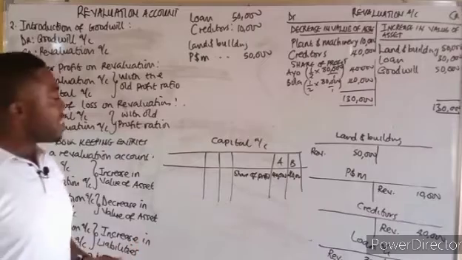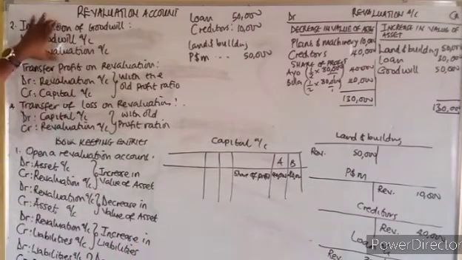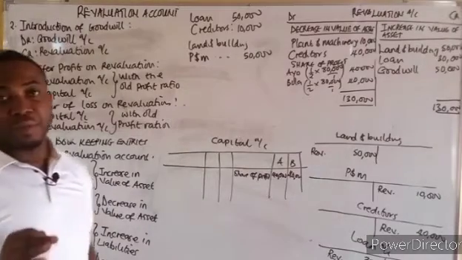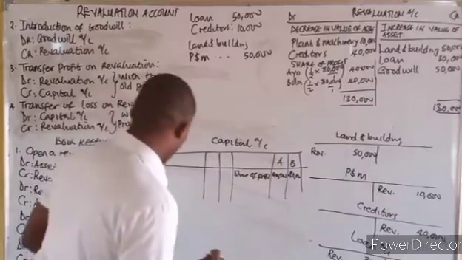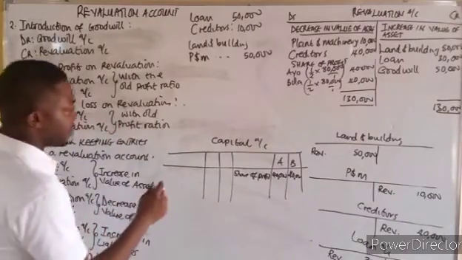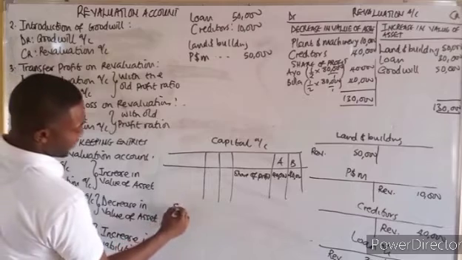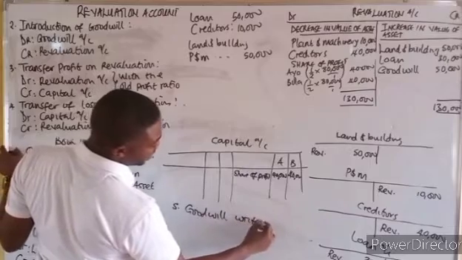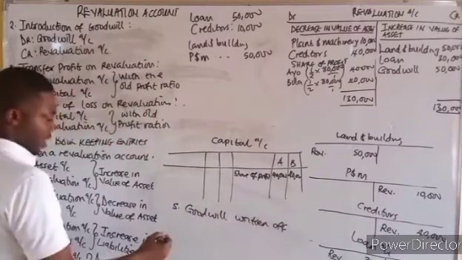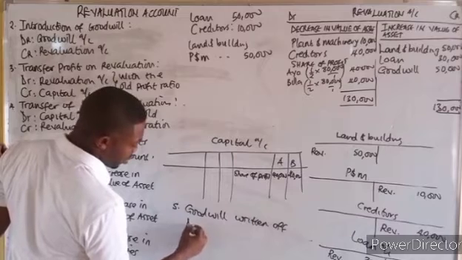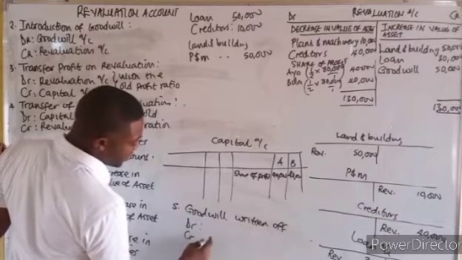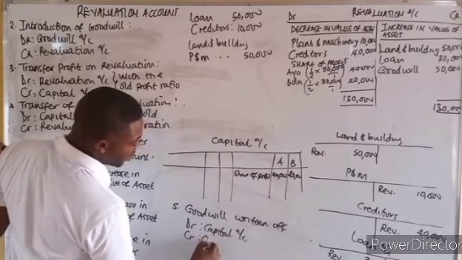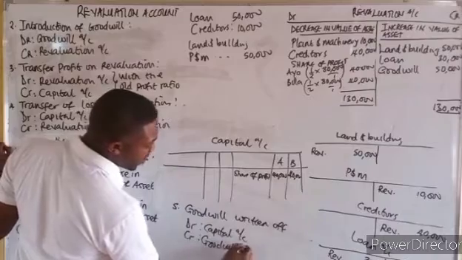That is that. Now, lastly, we said the introduction of goodwill. Also, if they want to write off goodwill, or when goodwill is not being retained, what do we do when this happens? So if that was the fourth, now the fifth: if goodwill is to be written off, you debit the capital account and you credit the goodwill account.